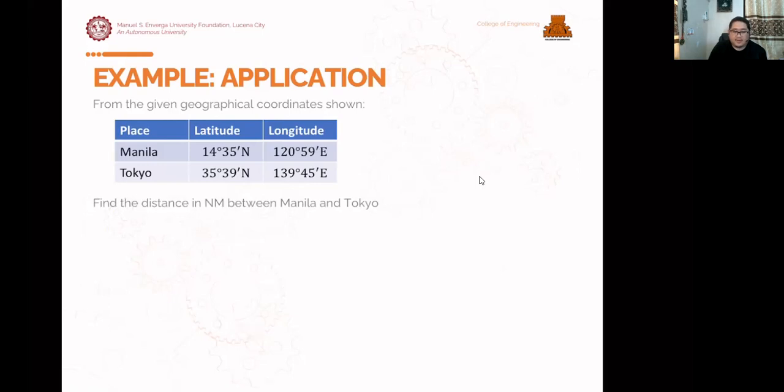So, para maano lang kayo, masanay din kayo mag-drawing. So, ang answer dito is 1,612 nautical mile. Yan yung answer dito for this problem.